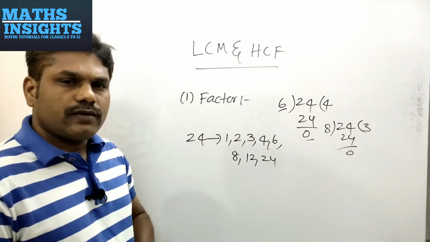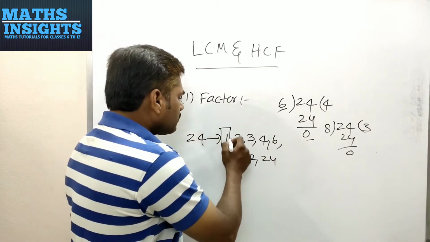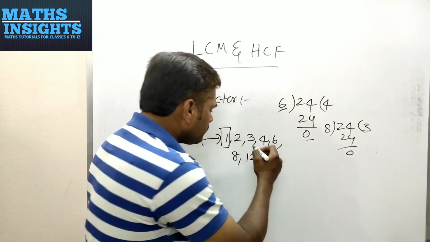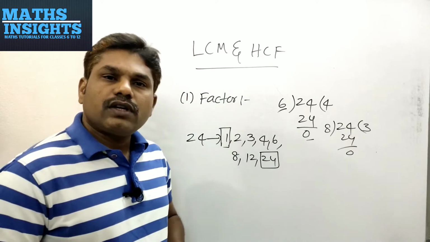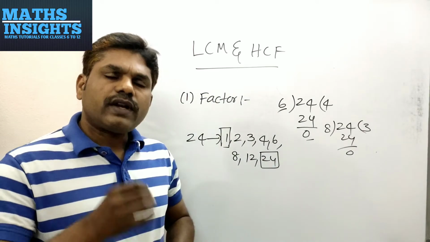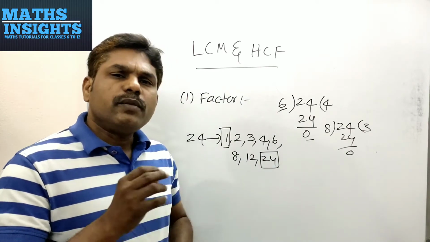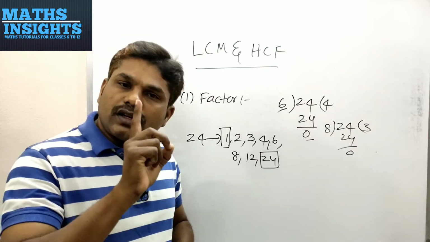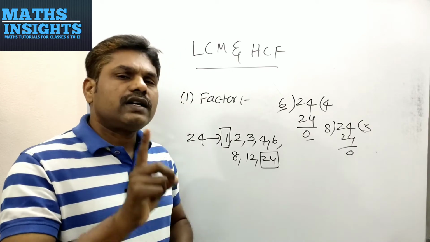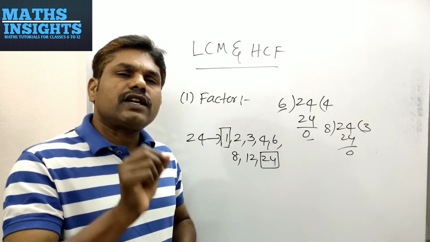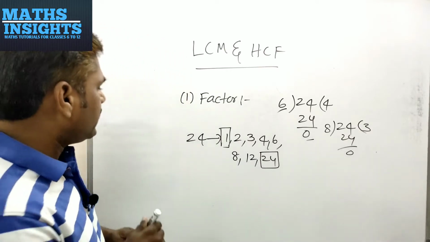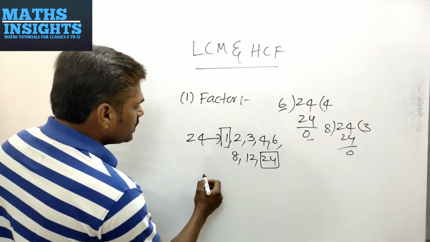And you have to observe, 1 is a factor of every number, and the number itself is also a factor of that number. Therefore, for every number there will be a minimum of 2 factors. Those are 1 and the number itself. Okay, and if you take another number, suppose 36.